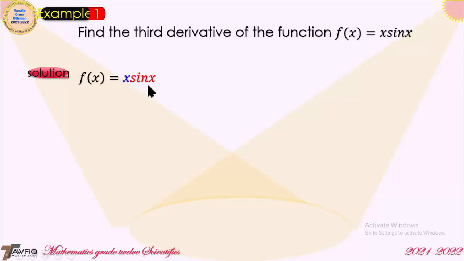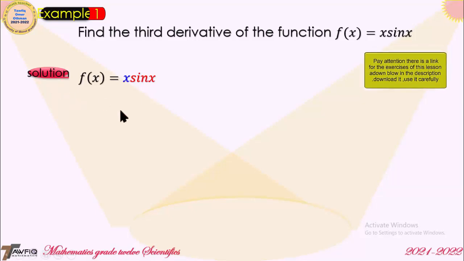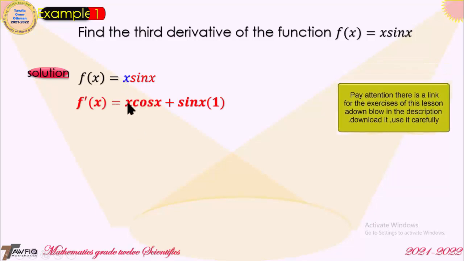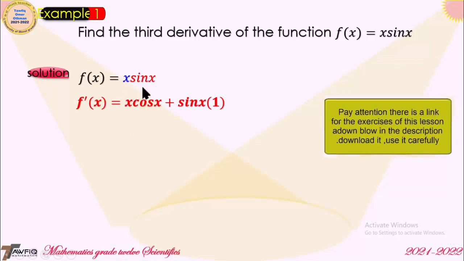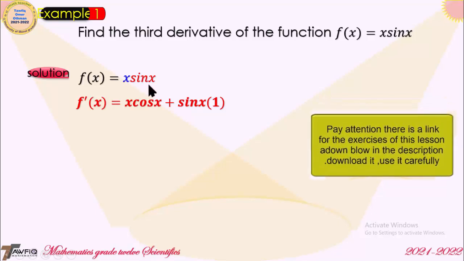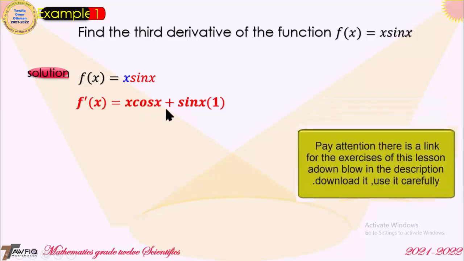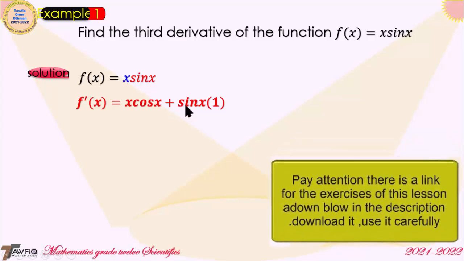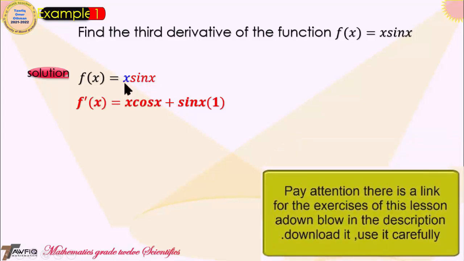To take the first derivative, we need to use the product rule, which says the first one times the derivative of the second one, the derivative of sine is cosine, plus the second one, sine x, times the derivative of the first one, which is 1.